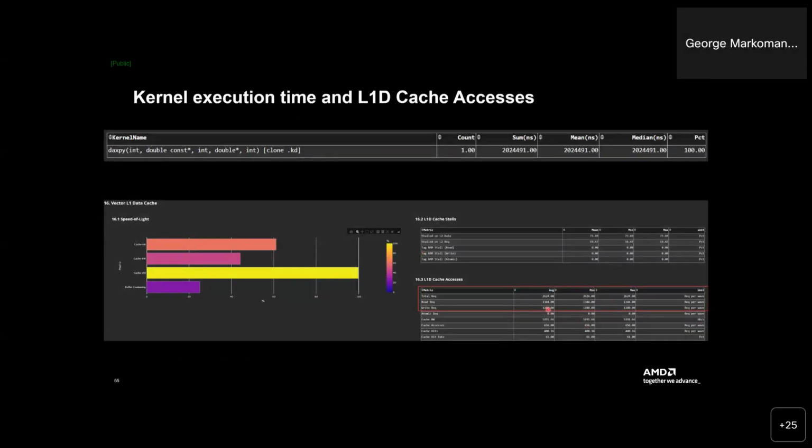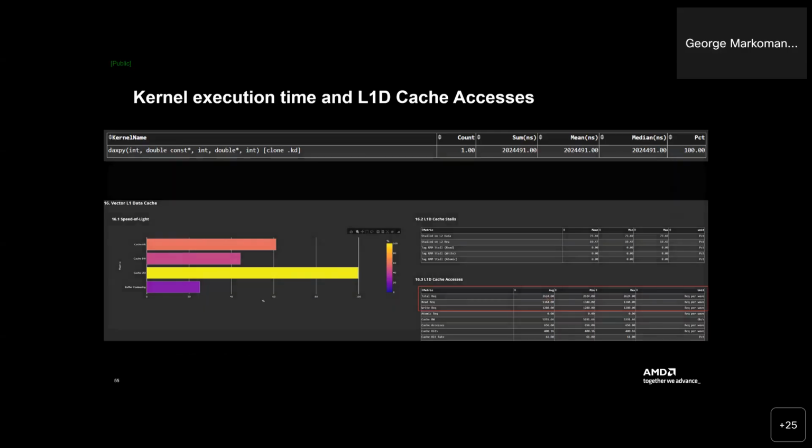So these numbers from the L1 data cache access, that's why I showed you the architecture before, are quite significant. While you see the cache utilization quite high, this is suspicious.